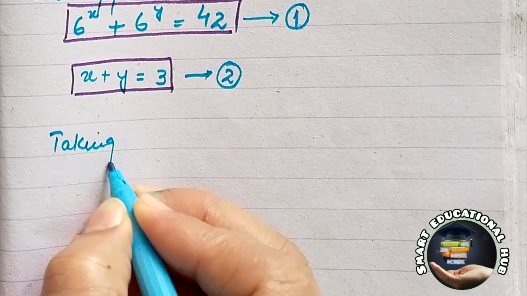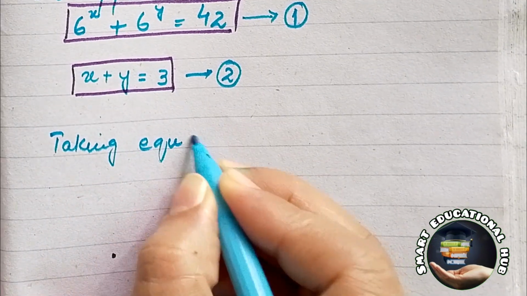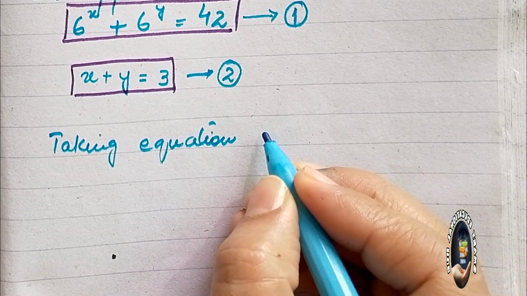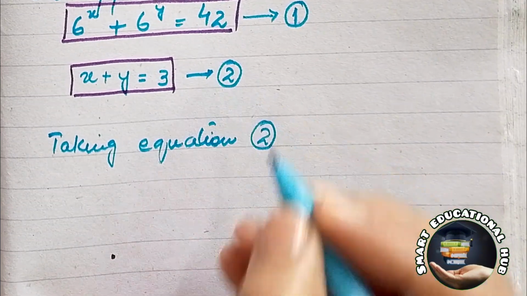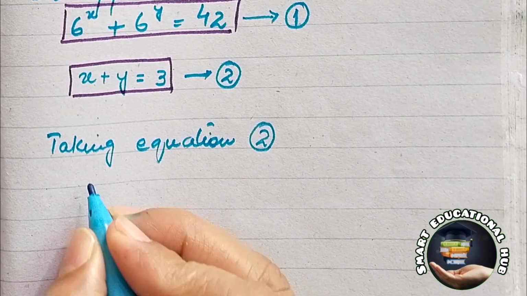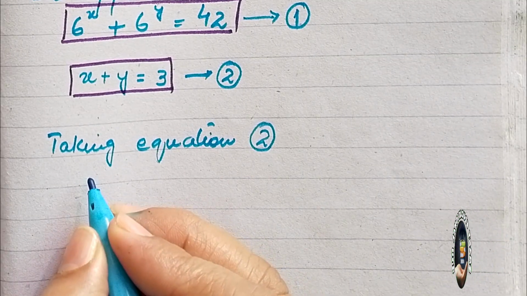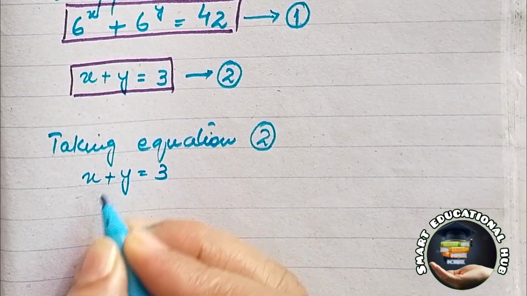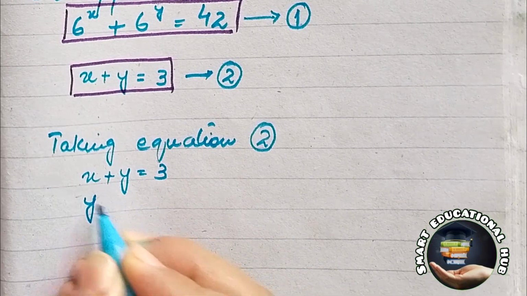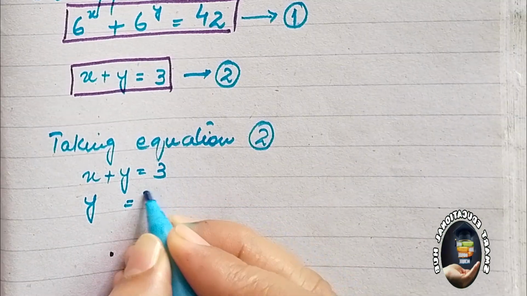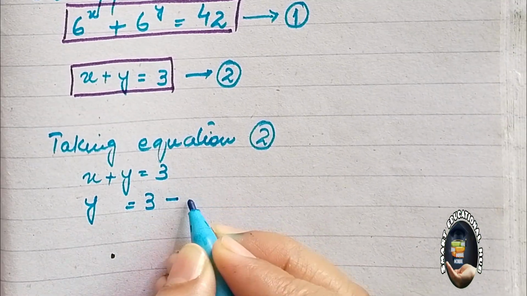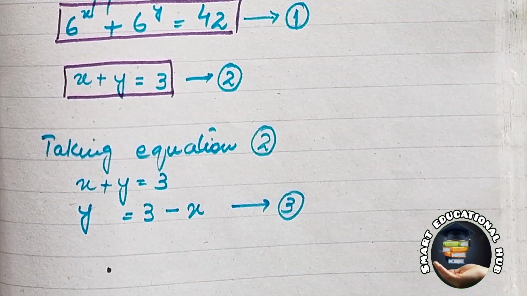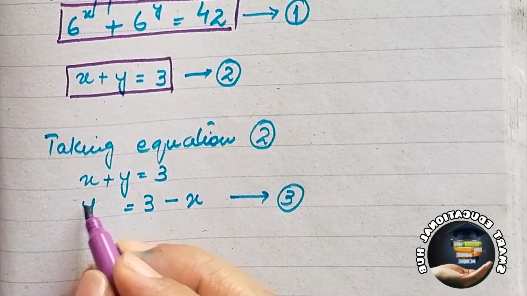Now taking equation number 2, we will rearrange it to express y in terms of x, which is y equals to 3 minus x, okay, which is our equation number 3.